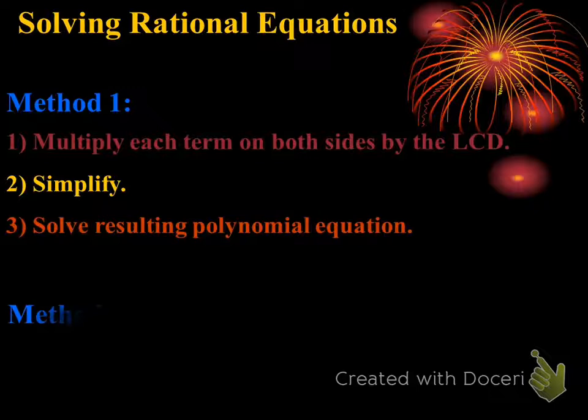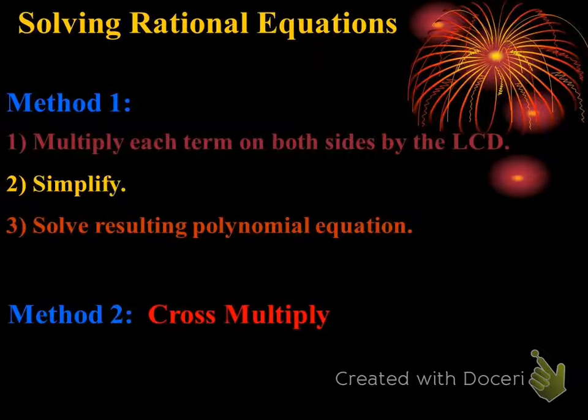Method 2, you would use this only with simple rational equations where you have just a single rational expression on each side, and with this method you would cross multiply. You would multiply your extremes, and that would be equal to when you multiply your means. So two different methods to use when solving rational equations.